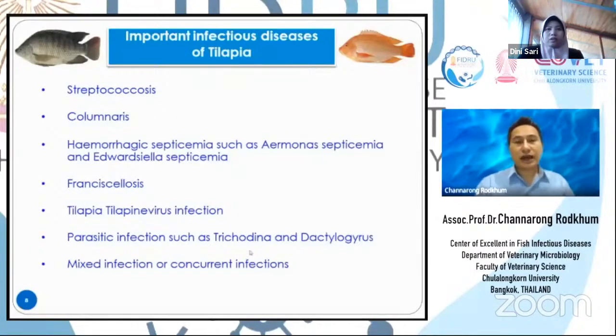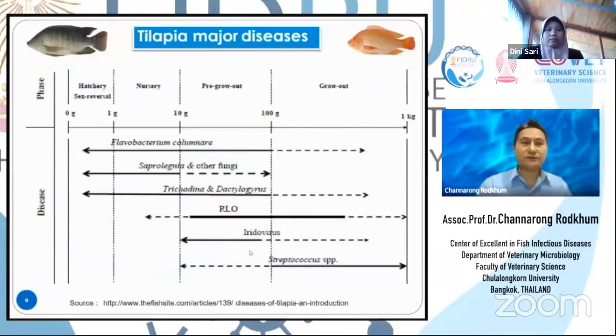Right now, we also have emerging viral disease such as tilapia parvovirus. Finally, disease in tilapia usually does not occur one by one. It usually appears as a mixed or concurrent infection.